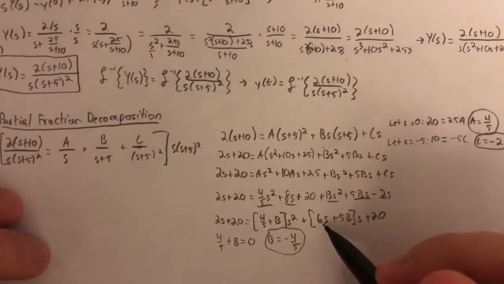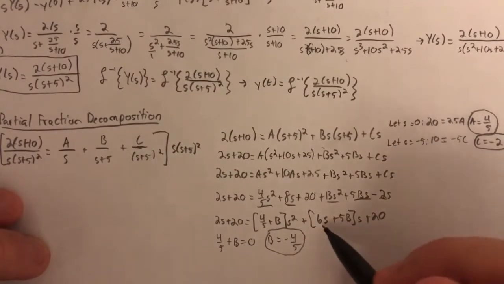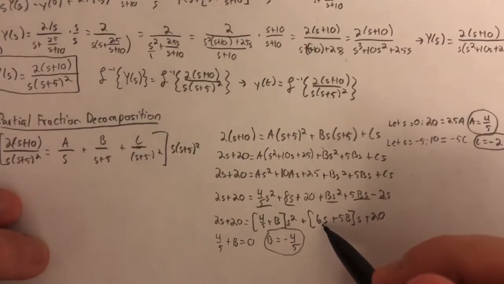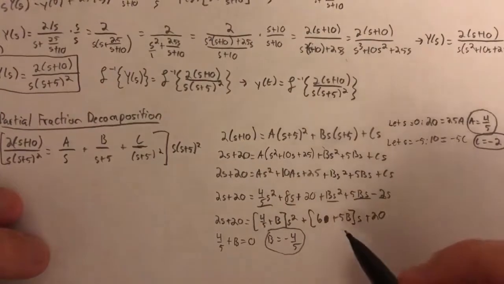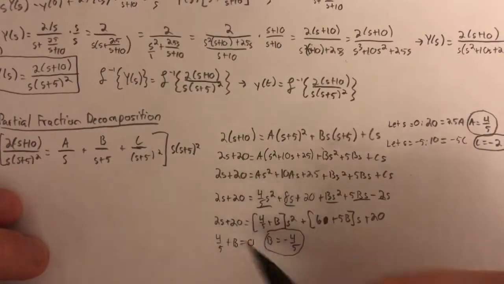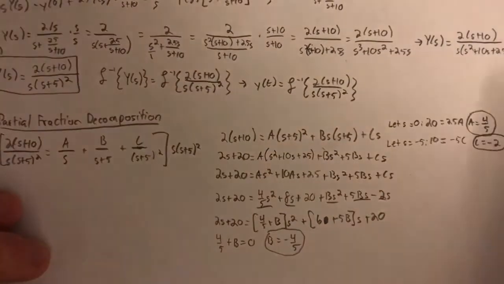Could do the same thing with the s term, seeing the coefficient is, oops, not 6s, 6 plus 5b equals 2. But this way might be a little easier.